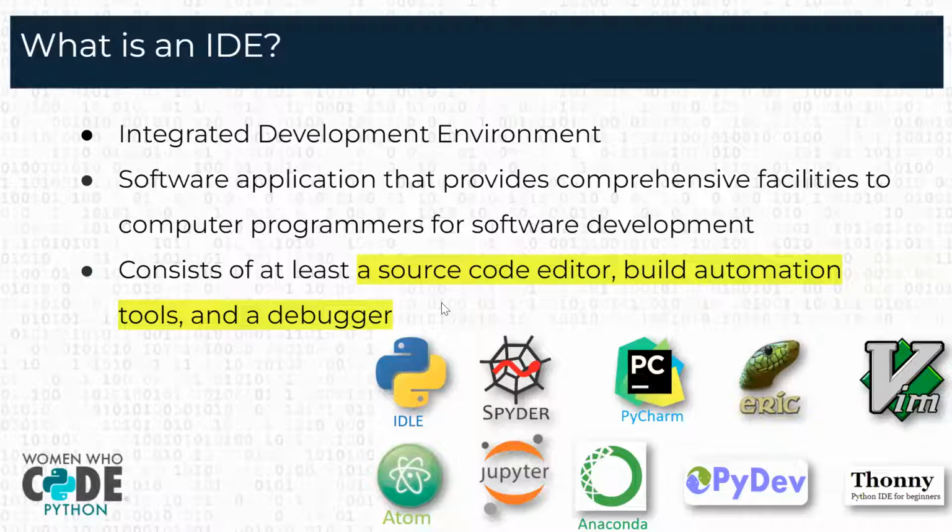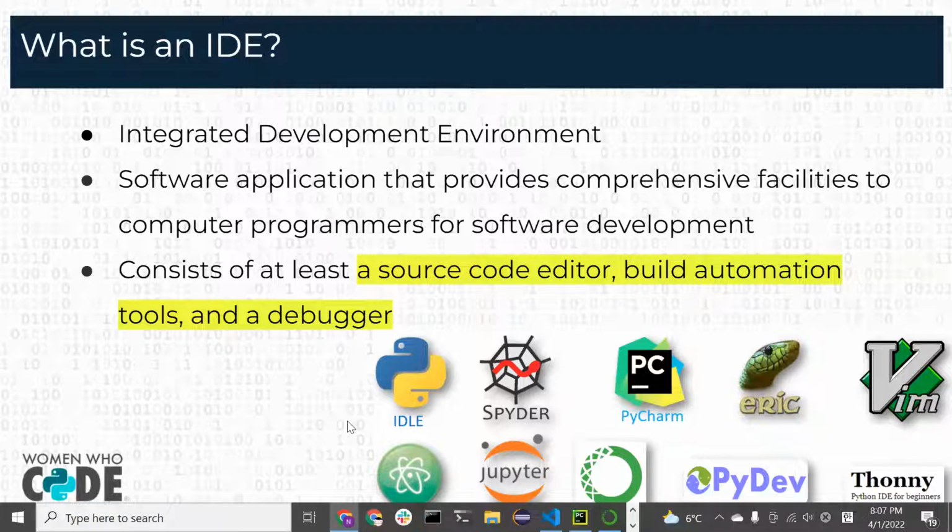Let's get started by defining what an IDE is. An IDE stands for Integrated Development Environment. An IDE is a software application that provides comprehensive facilities to computer programmers for software development.